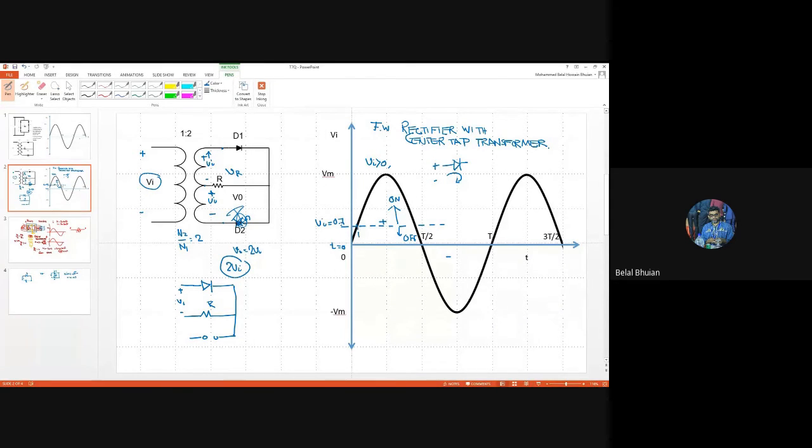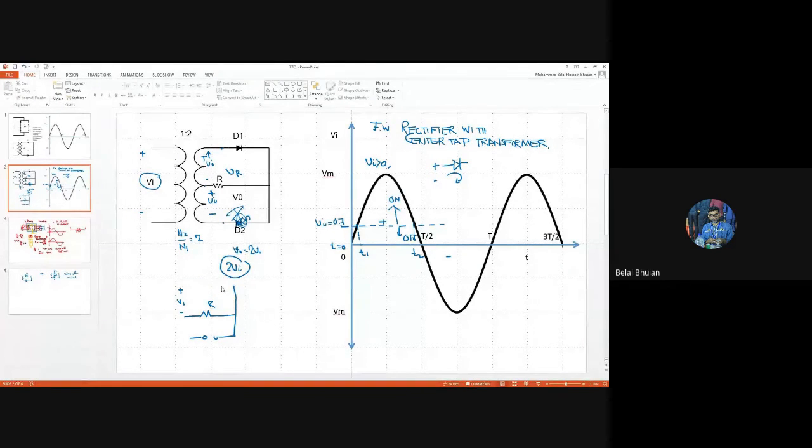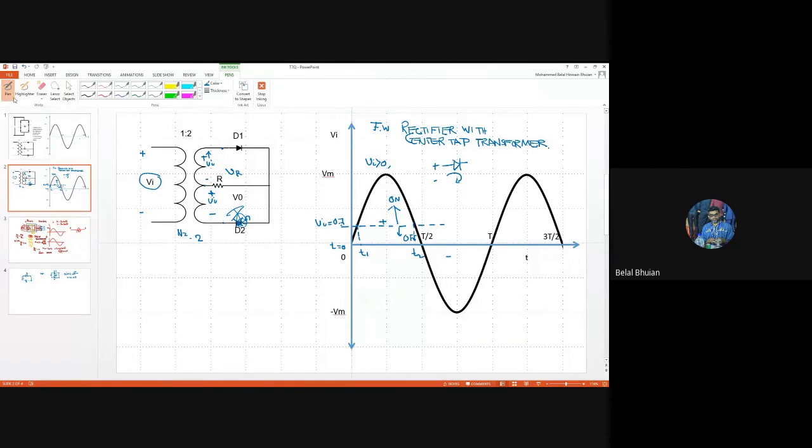And as before, we are going to do this for 0 to T1 and T2 to capital T. So t is greater than 0 and less than T1, and t is greater than T2 and less than T by 2.